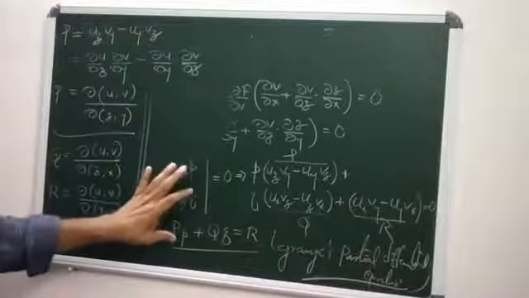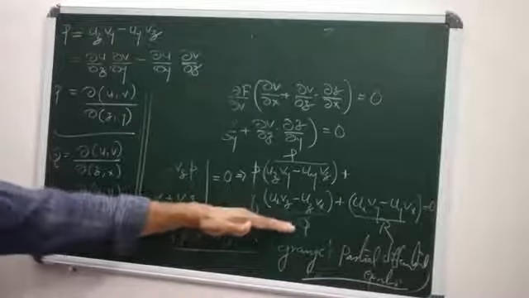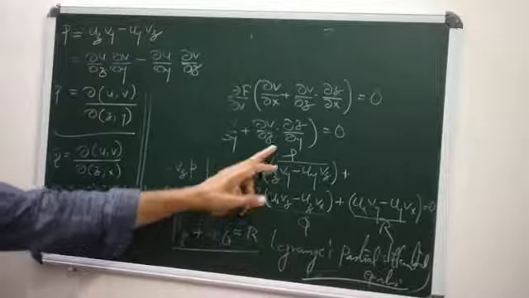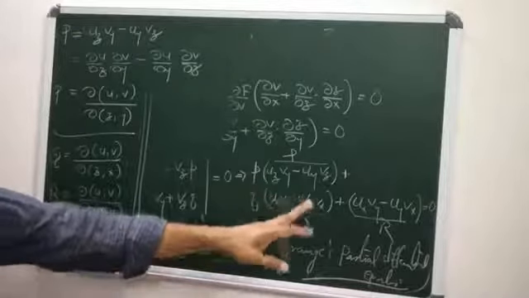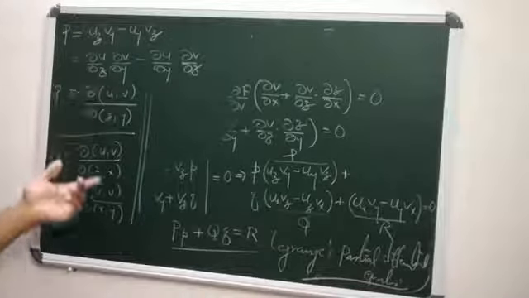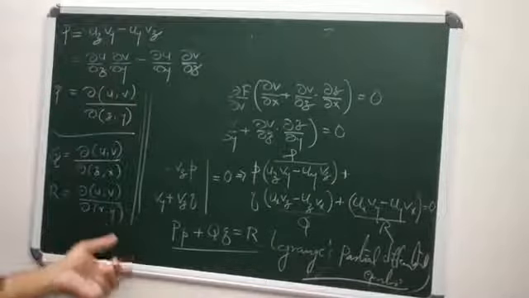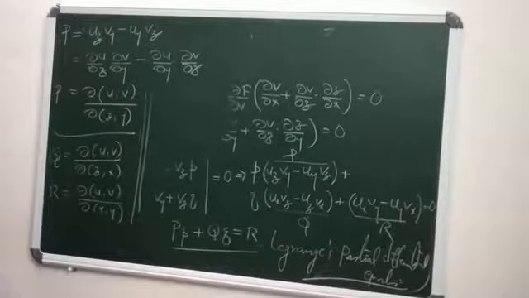There is a determinant. If you open the determinant and rearrange, and rename the terms as capital P, Q and R, where P, Q and R are given here, then Pp plus Qq equals R, which is called Lagrange's partial differential equation. Okay, thank you.